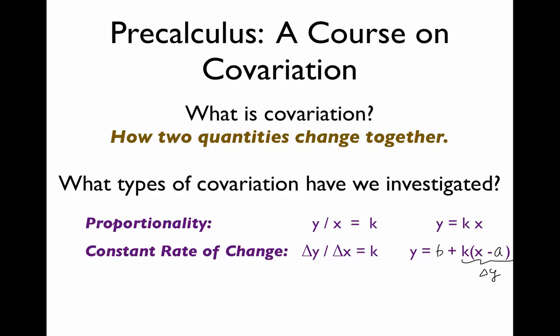Percent change. Okay, percent change is maintained. So what's the constant ratio? You got it. The next output and the current output, right? That's our growth factor, B.